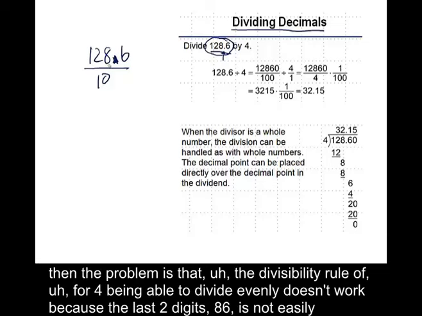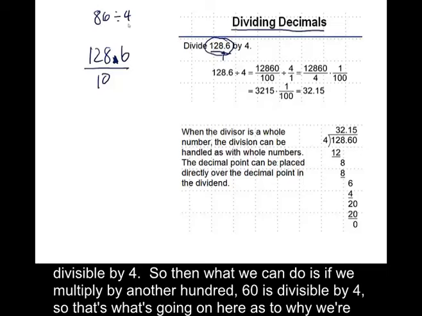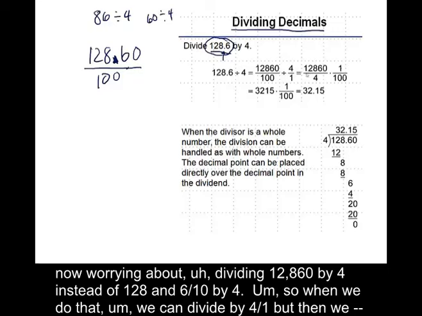But then the problem is that the divisibility rule for 4 being able to divide evenly doesn't work because the last 2 digits, 86, is not evenly divisible by 4. So then what we can do is if we multiply by another 100, 60 is divisible by 4. So that's what's going on here as to why we are now worrying about dividing 12,860 by 4 instead of 128 and 6/10 by 4.